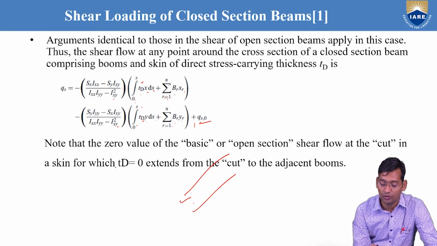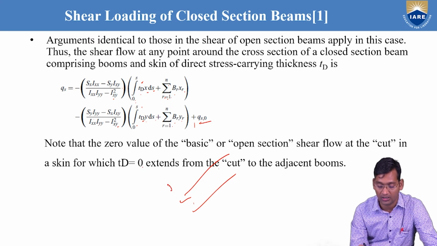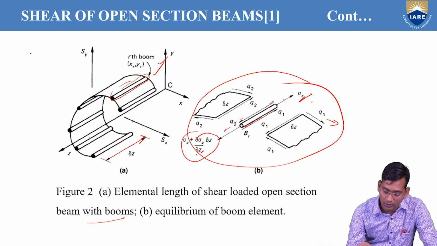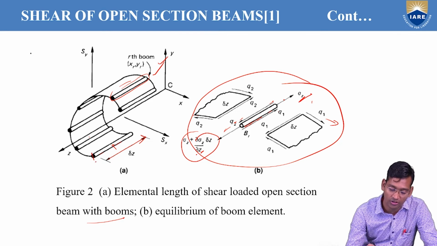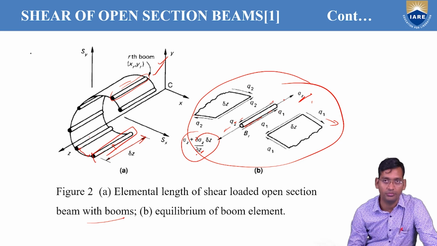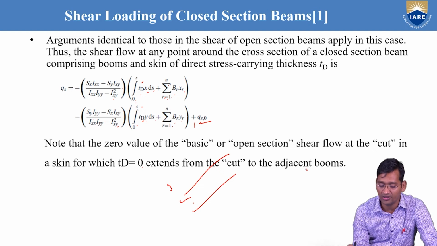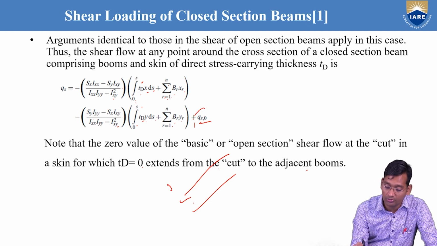In a skin for Td equals 0, extend from wherever the cut is there to the adjacent boom. So from here to the next boom, wherever the boom will be there, right? Or just suppose this boom is not there. So Td from here till the next boom, that thickness is required.